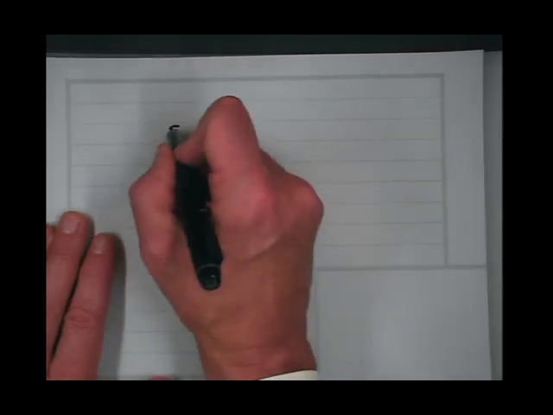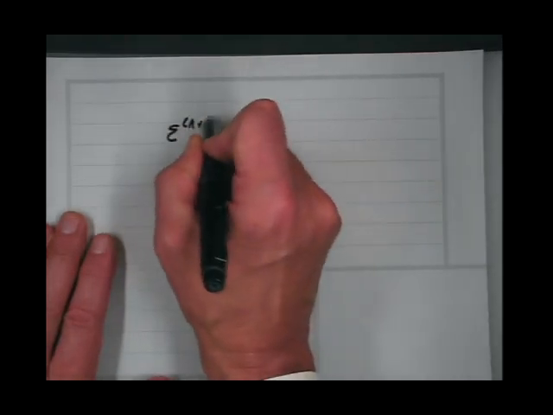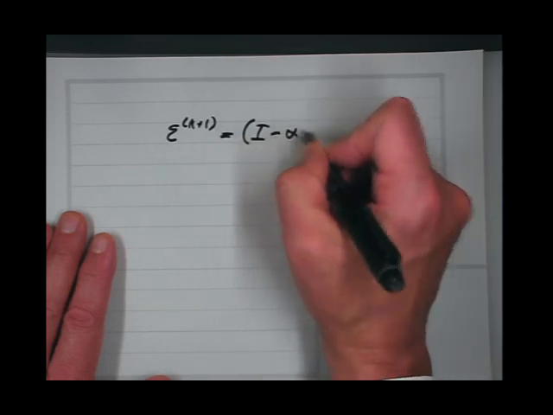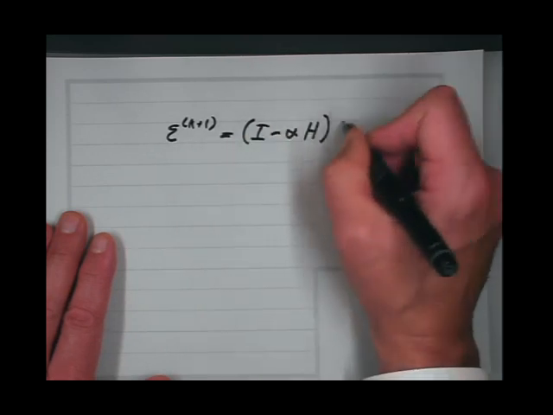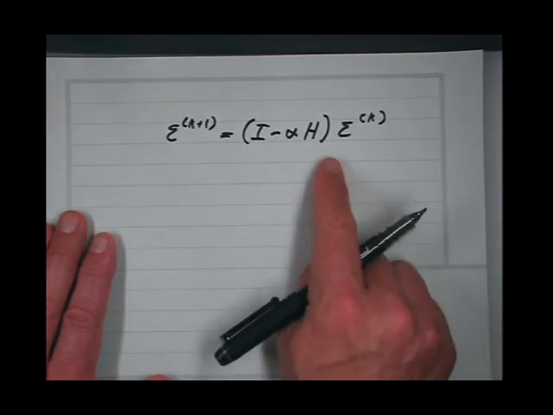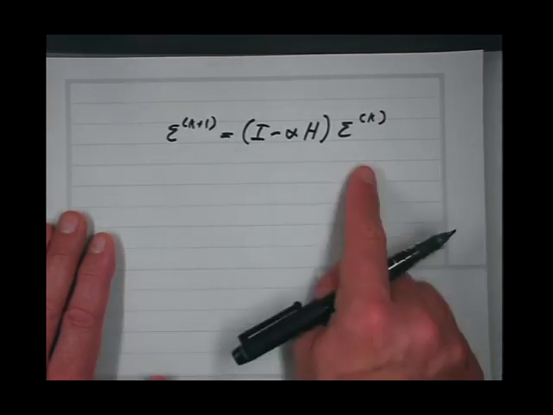Okay, I forget where I was. Getting back to our original problem, we're trying to understand the convergence of the equation epsilon k plus 1 is equal to (I minus alpha H) times epsilon k. So how does this converge?